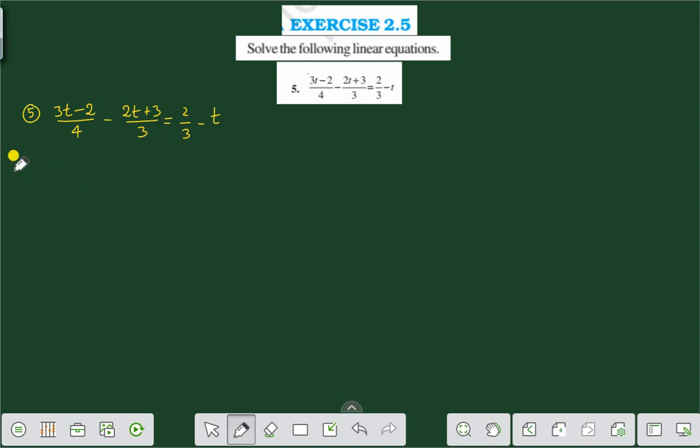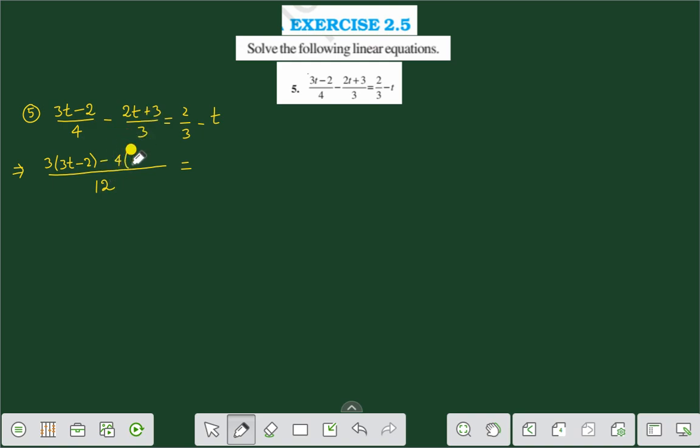Therefore, here the LCM is 12. If we divide 12 by 4, that is 3. Therefore, 3 will be multiplied with 3t minus 2, minus, if we divide 12 by 3, it is 4.